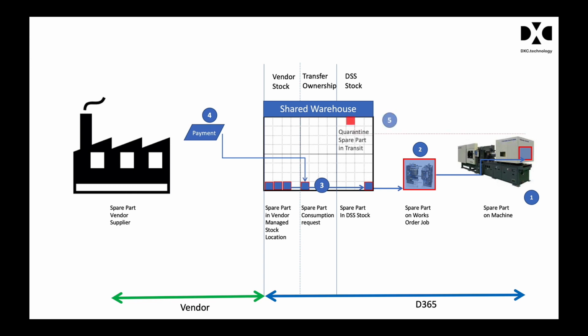You can then take that part back into quarantine to see whether it's your fault or whether it's still under warranty. But because it's a vendor managed part, we can automatically generate the payment to the supplier for the part that you've used. And then we can also trigger the replenishment process for those parts to make sure that you're always stocked and you don't stock out. So that's really the end of this particular presentation.